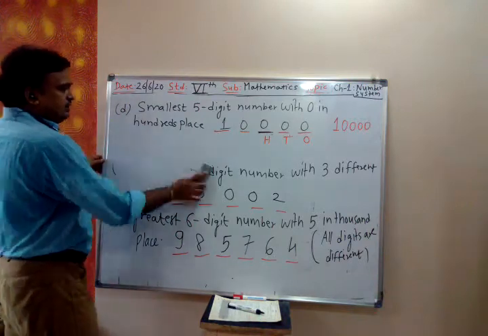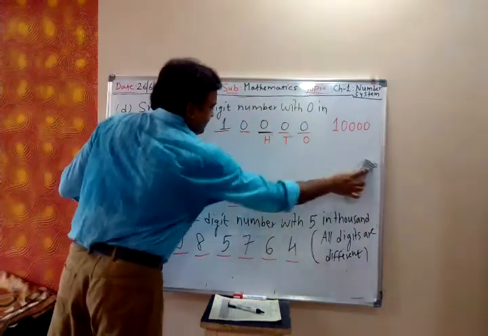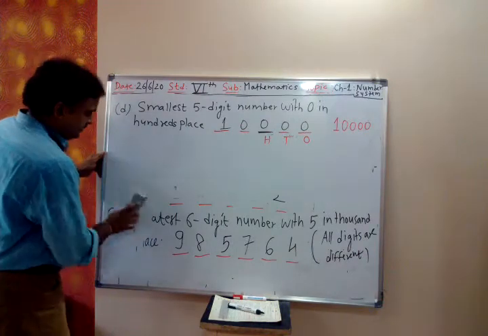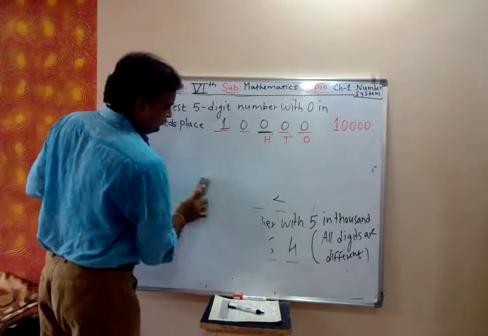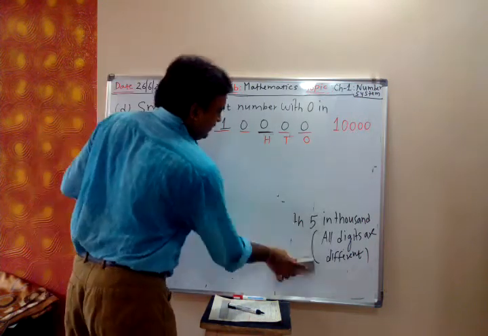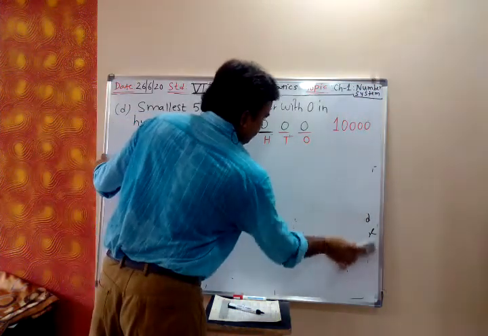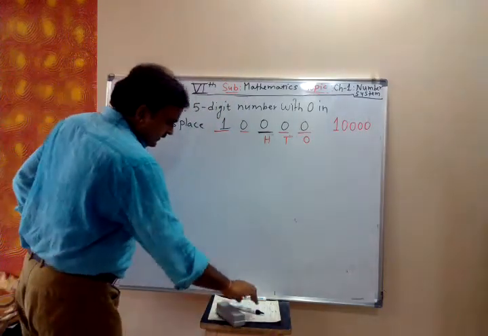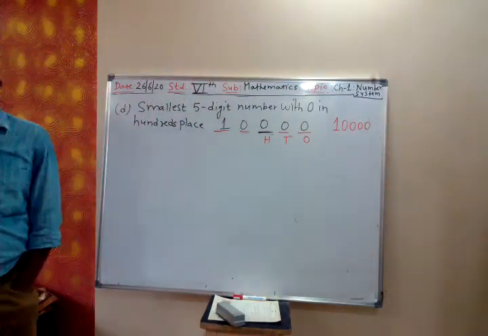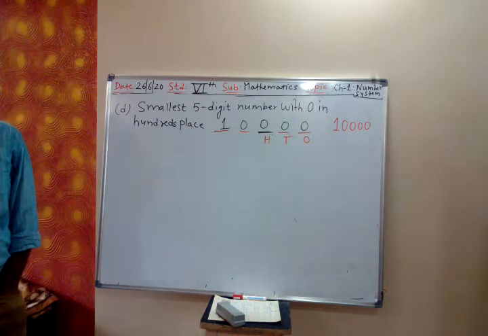In 10,000, we have 0. Yes, you can repeat the digit.